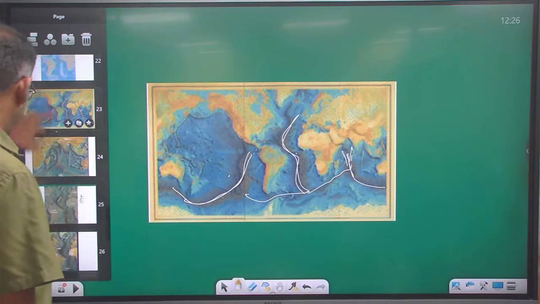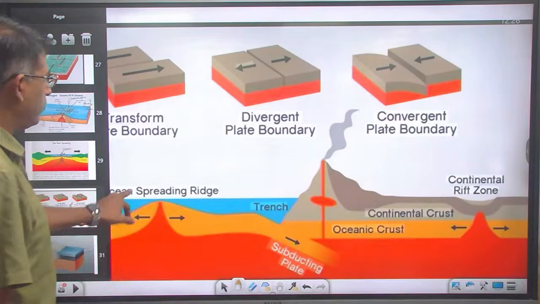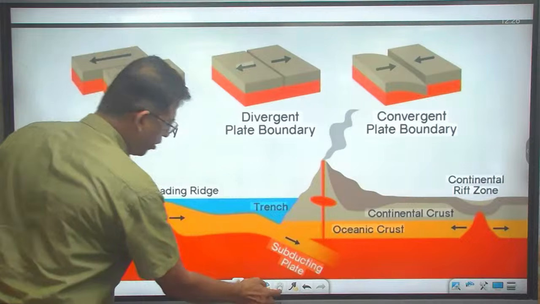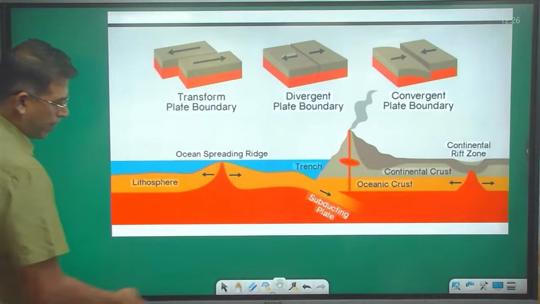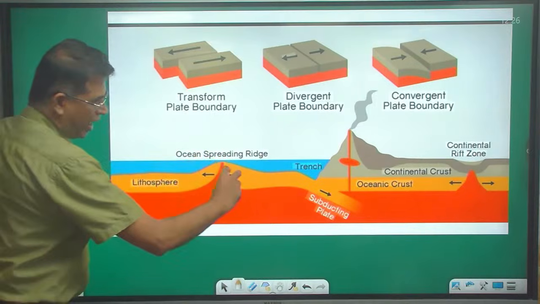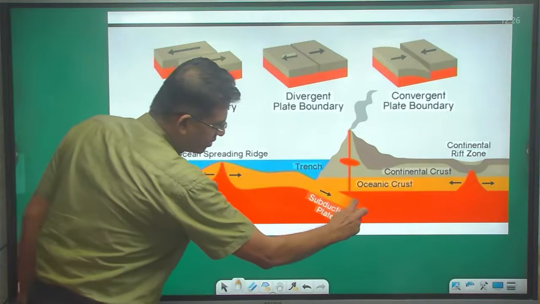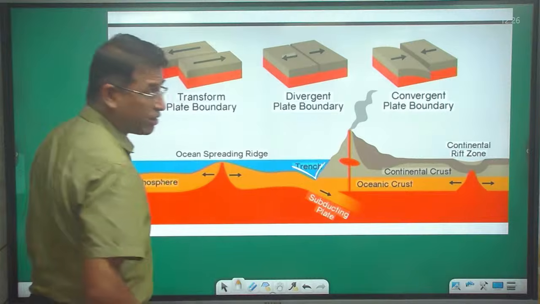Now let me discuss or at least show you the trenches part. I think all is fine. Okay, so this is the ocean floor, the ocean crust, lithosphere, and here you can see it's going down like this. So this gap is what we call the trench.